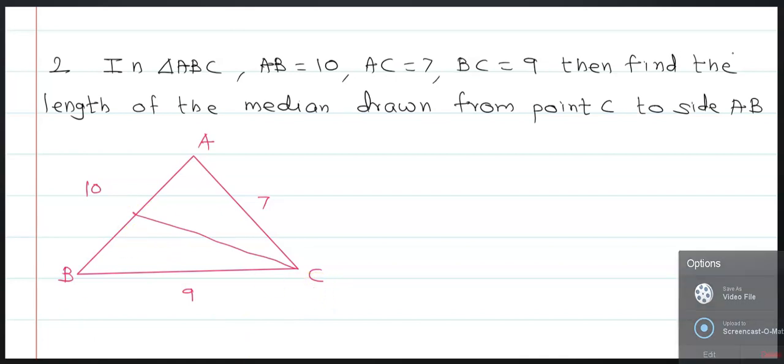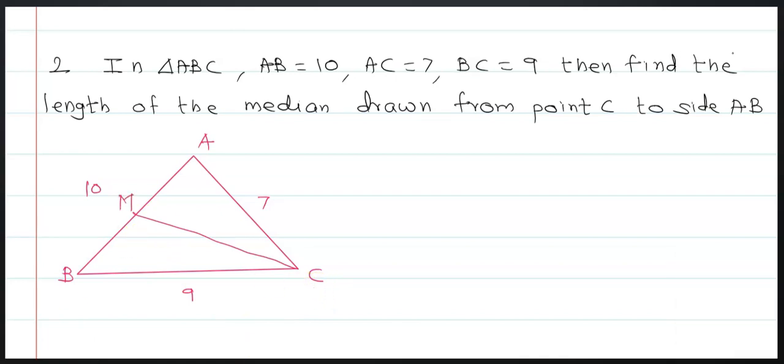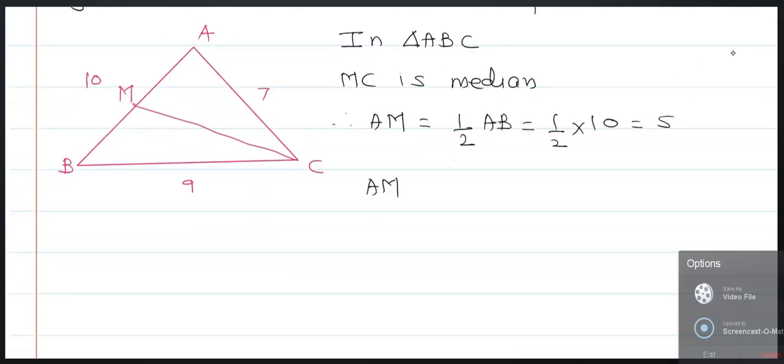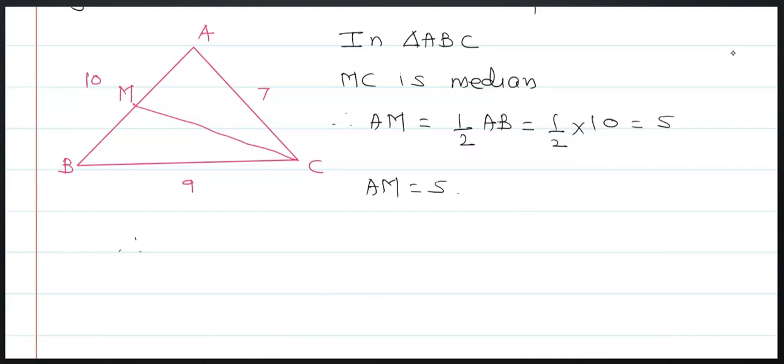Treat M as the midpoint. In triangle ABC, MC is the median. Therefore AM is equal to 1 upon 2 AB, that is 1 upon 2 into 10, which is equal to 5. Therefore AM is equal to 5.